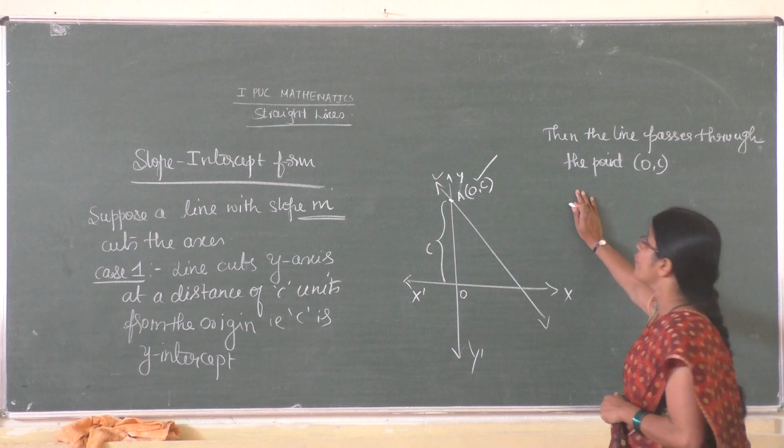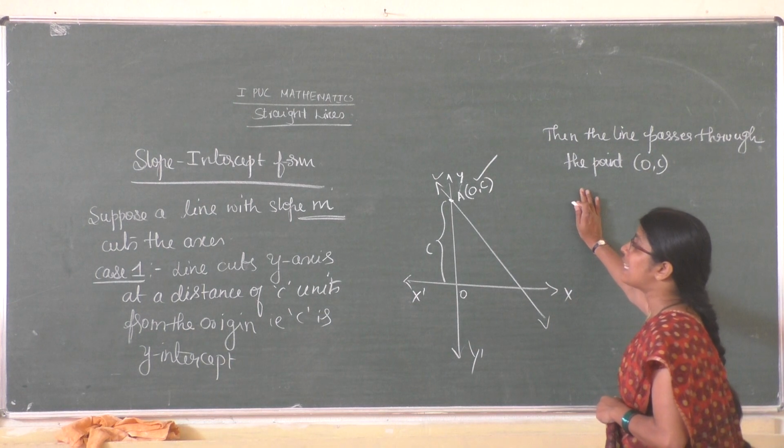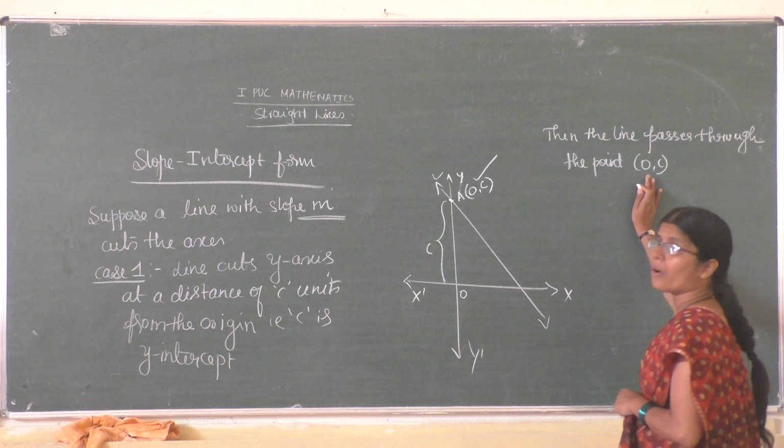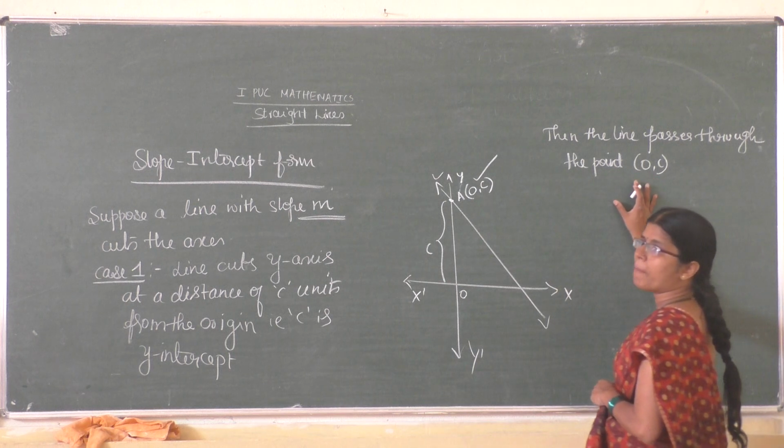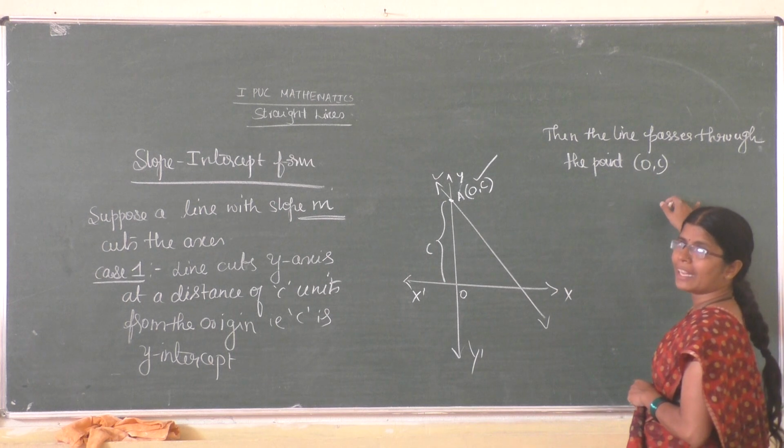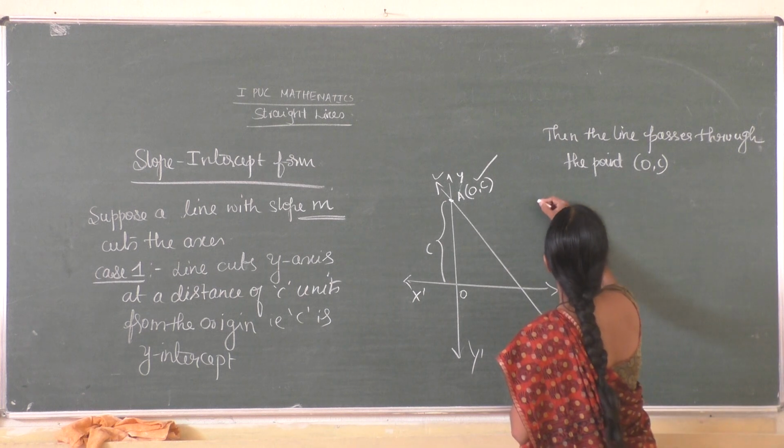Therefore, the equation of a straight line with the slope m and passing through the point 0, c is given by, okay, formula is y minus y naught, that we have to take, okay.